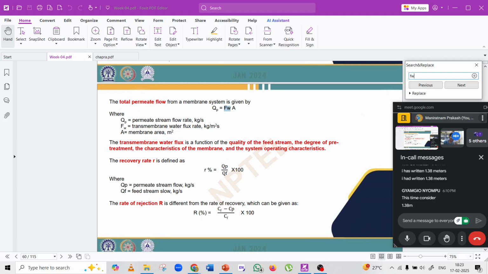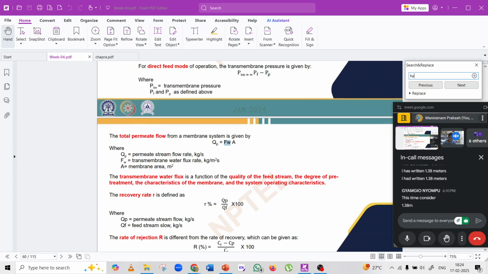But here, as they are talking in terms of permeate concentration, they have written the permeate stream flow as kg per second. So remember this, don't get confused. Always see the context in which they are discussing it.